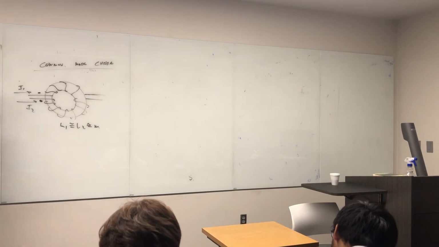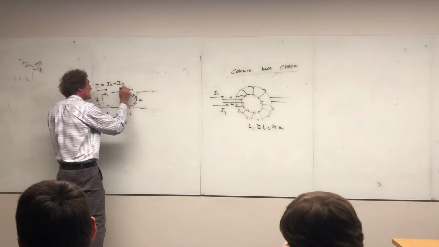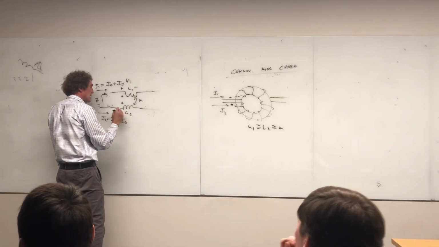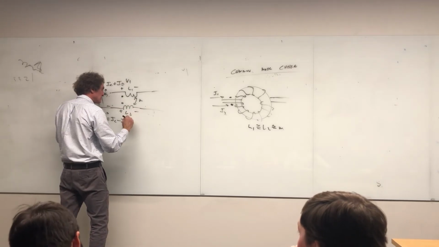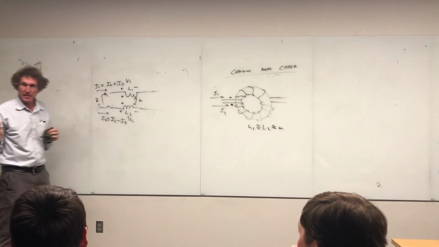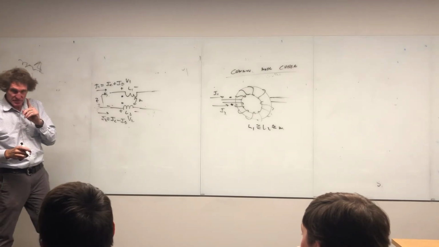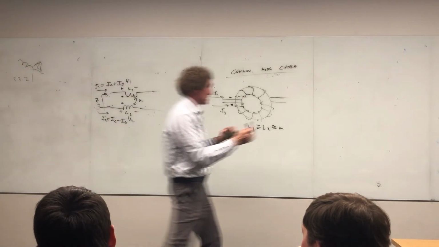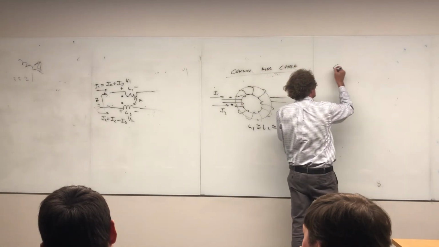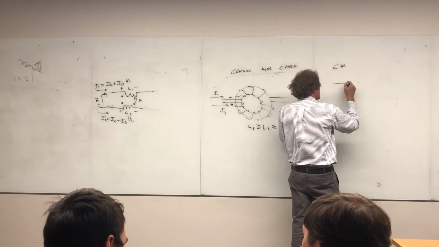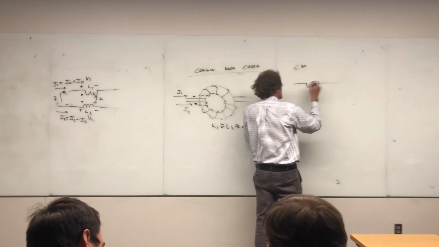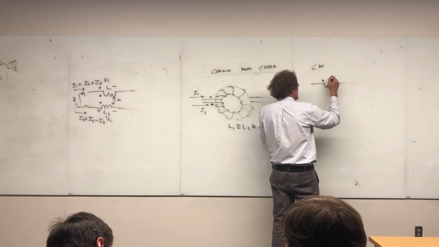When I come here, remember I have V1 here, right? And I have V2 here. Are you with me? Now, what I'm going to do is do it for just the common mode first. So for the common mode, I have something here and I have L1.